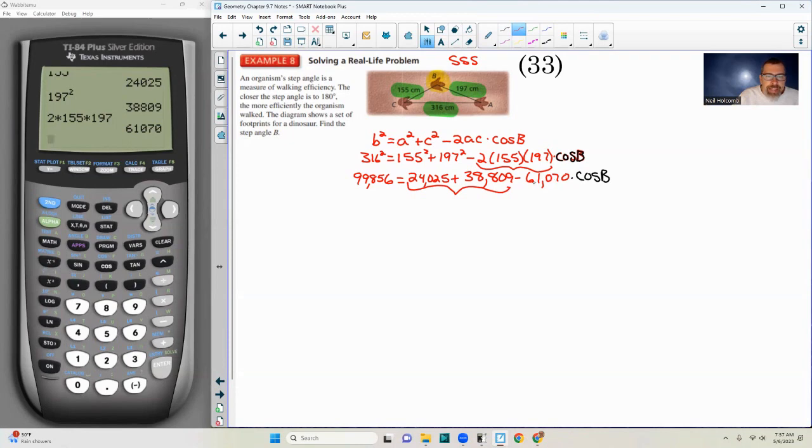So we're trying to get this 61,070 cosine b by itself first. So this is going to become 99,856 equals 24,025 plus 38,809.